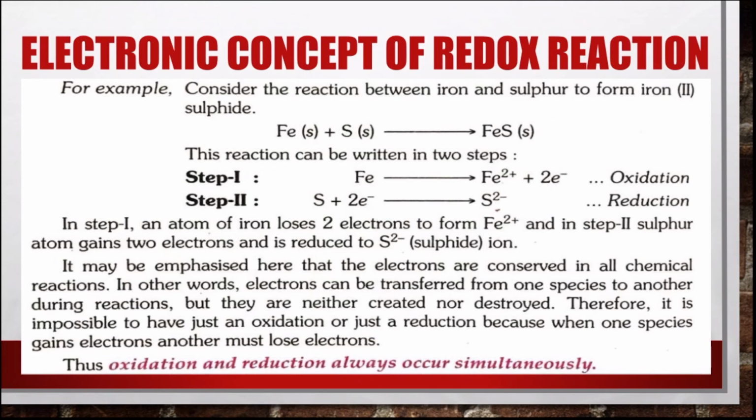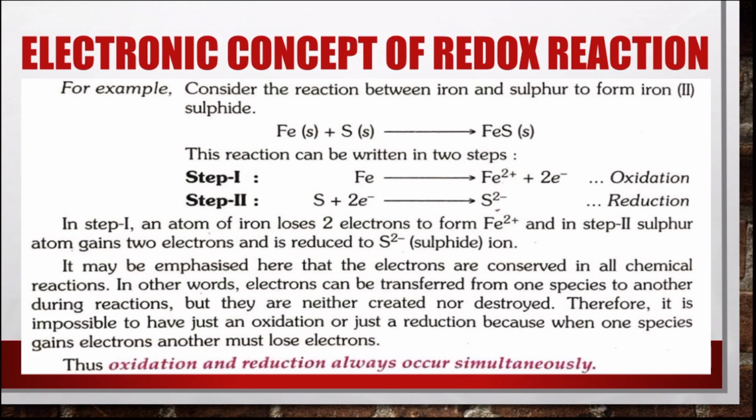In step 1 an atom of iron loses 2 electrons to form Fe2+, and in step 2 a sulfur atom gains 2 electrons and is reduced to S2-, that is the sulfide ion.